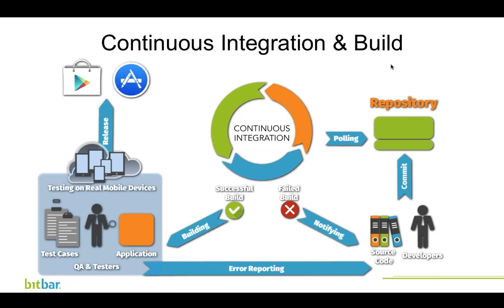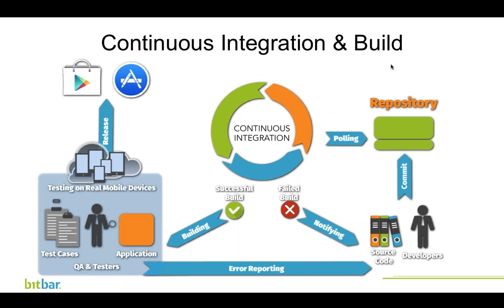Nevertheless, continuous integration is the core and epicenter of this build step. So things start with the developers pushing something to the repo. CI is pulling that, and it builds your packaged application and notifies the users whether something failed or whether it was successful.